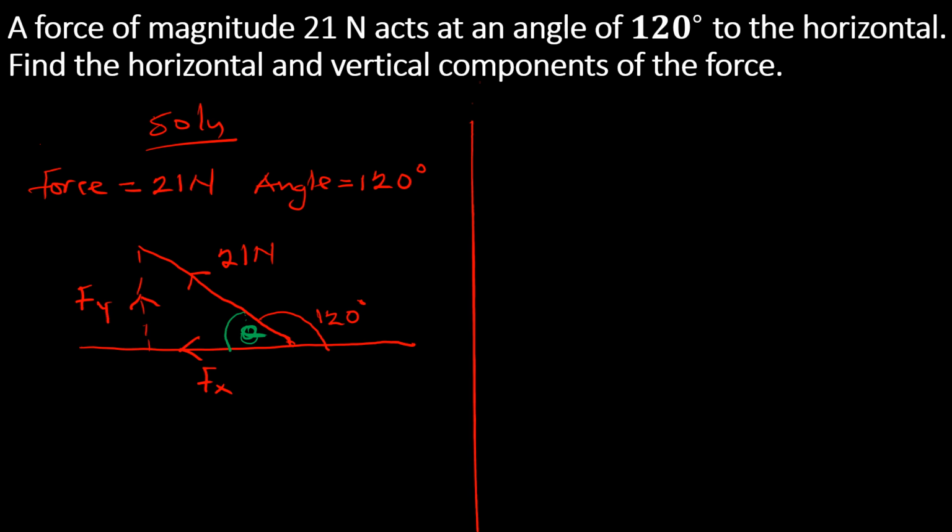So a straight line makes an angle of 180 degrees. So to calculate the angle theta, we have to subtract 120 from 180.